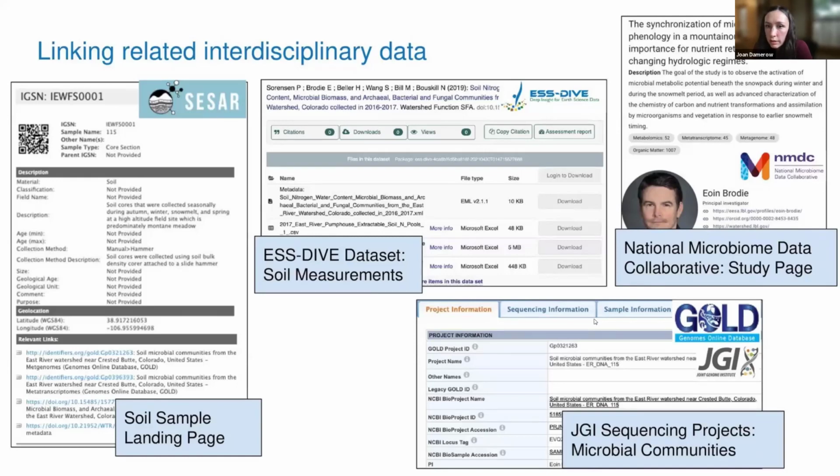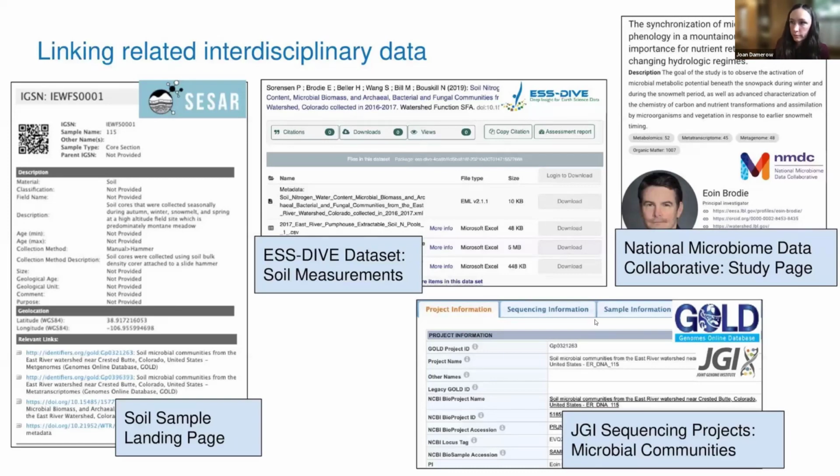So our goal in this work is to determine how we can add these links automatically using the DOIs and IGSNs and the associated metadata to make publishing this kind of interdisciplinary sample data easier and to make the published data more complete and usable.